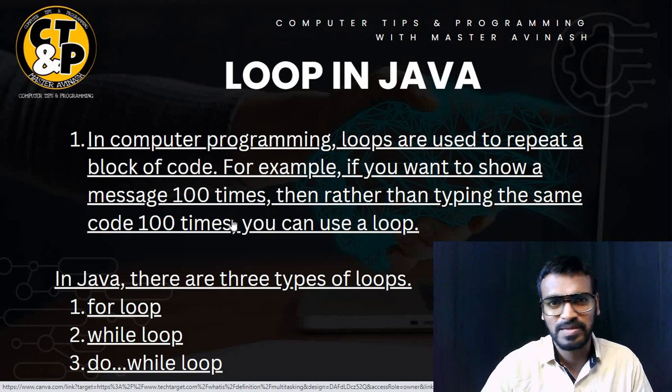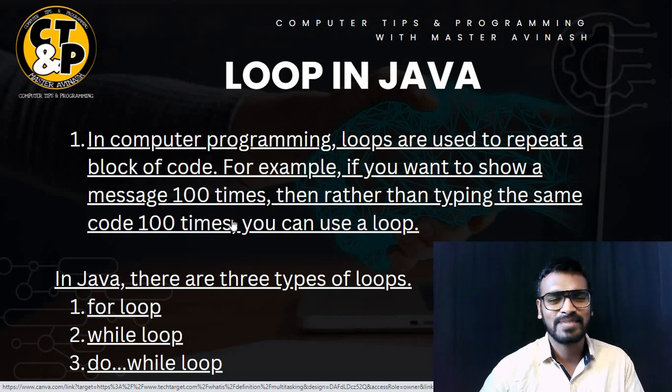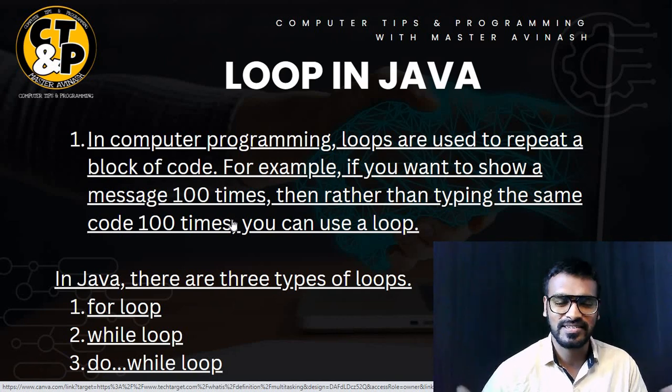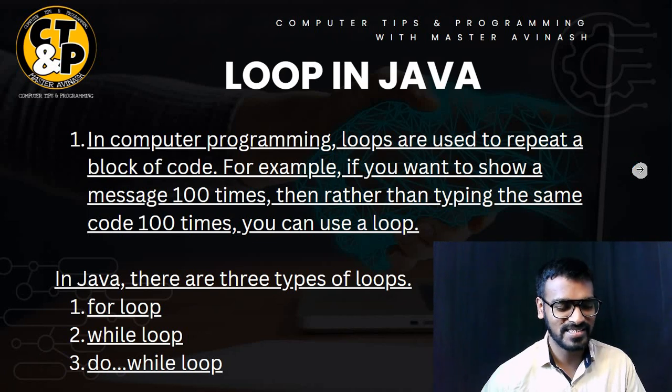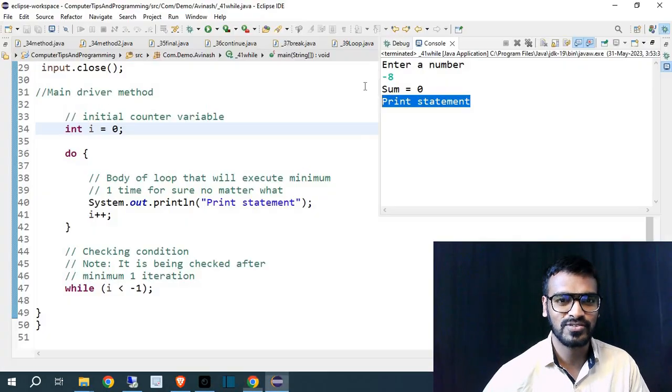Or if someone is texting, like text me more than 100 times, you can just use a loop and give the number 100, whatever you want. You will know these things through today's syntax. So let's start with the syntax.